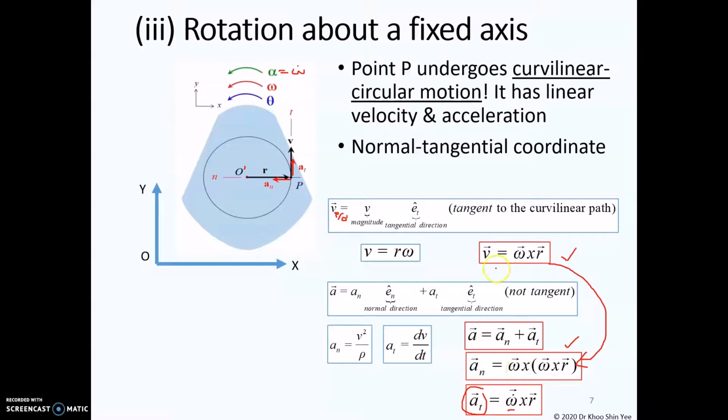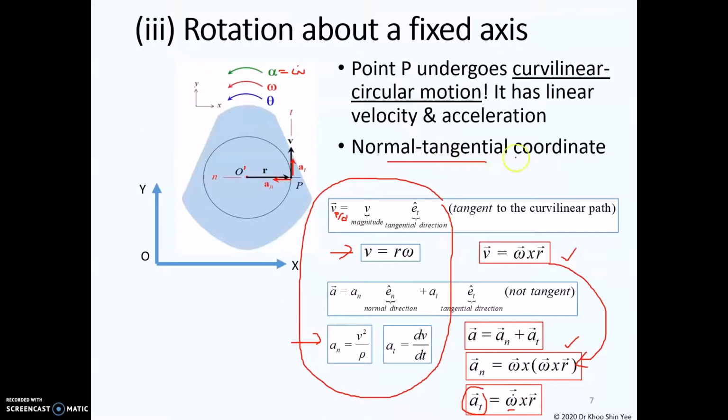For the ease to understand the velocity and acceleration equation here, you can use the analogy for the equation that you form during the scalar analysis by using the normal tangential coordinate. The tangential velocity in the tangential direction here is equal to r omega in the scalar unit and is equal to omega cross r in the vector unit. The total acceleration is equal to the normal acceleration plus the tangential acceleration.